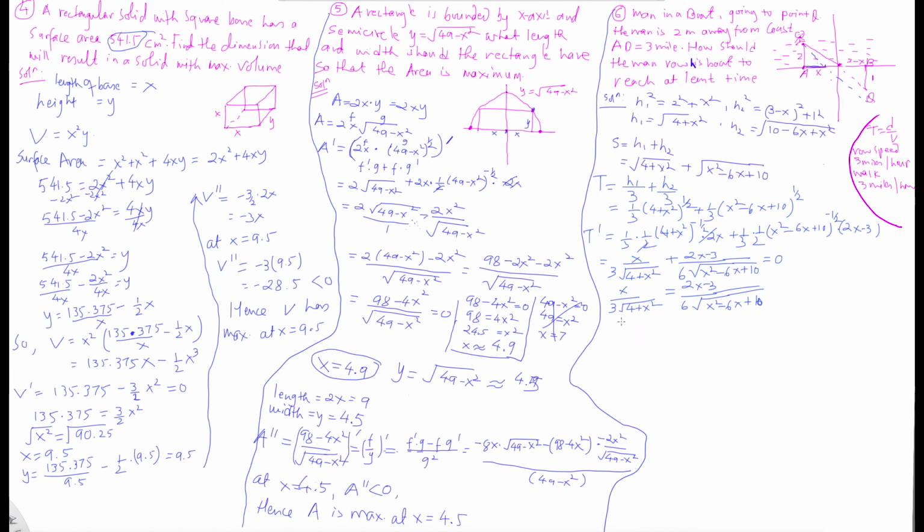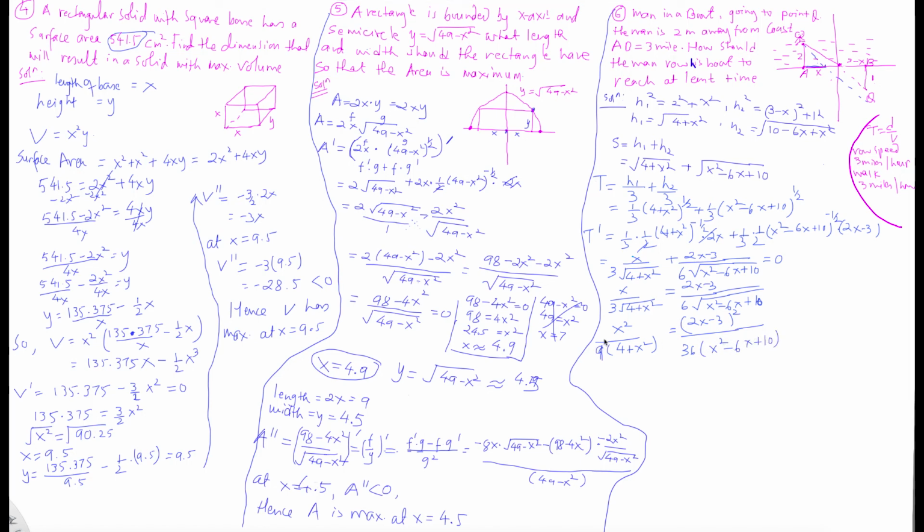If you square both sides, what do you get? You get x squared over 9 times (4 plus x squared) equals (2x minus 3) squared, divided by 36 times (x squared minus 6x plus 10).